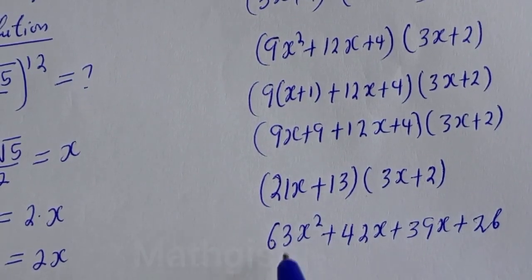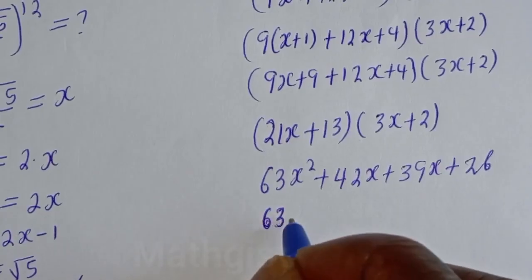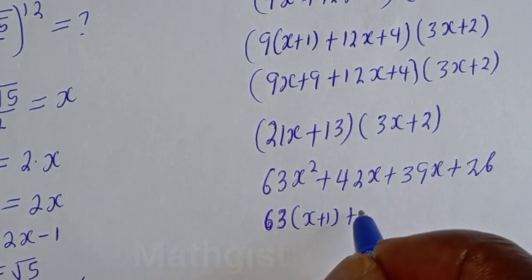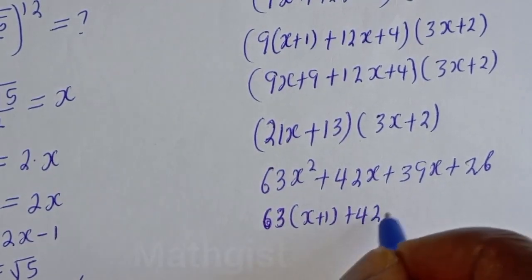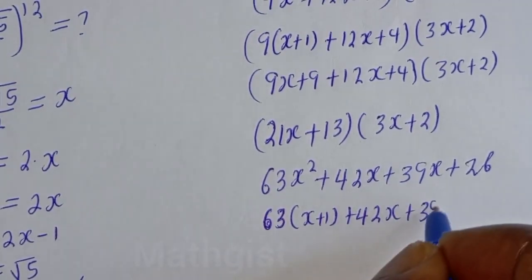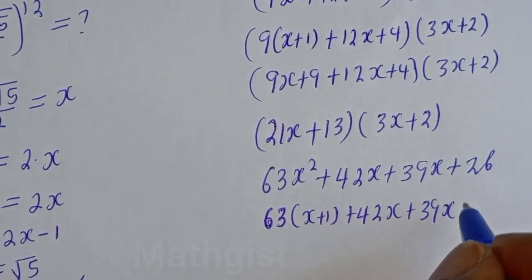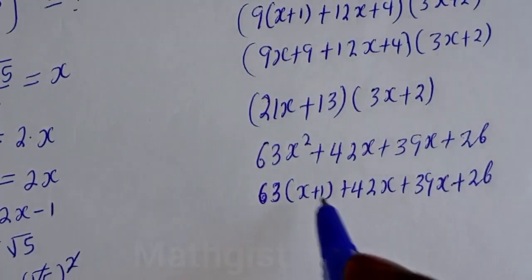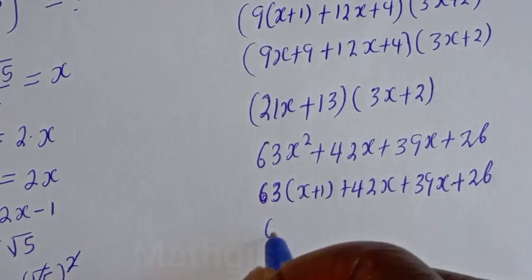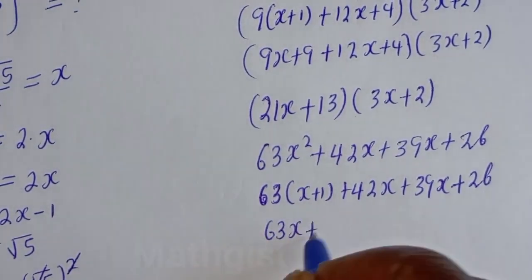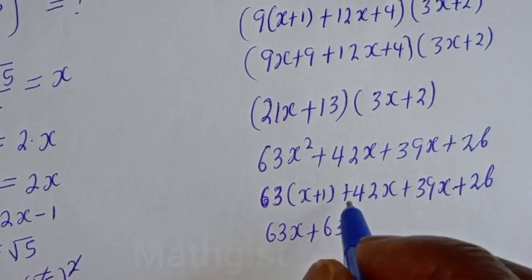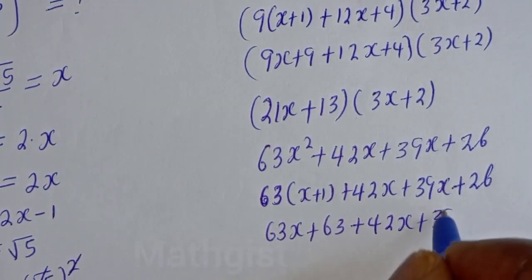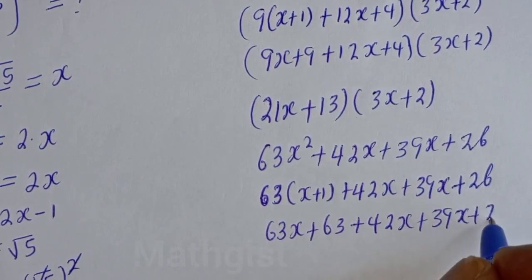And here we have 63 bracket x plus 1 plus 42x plus 39x plus 26. Now let's open the bracket: 63x plus 63 plus 42x plus 39x plus 26.